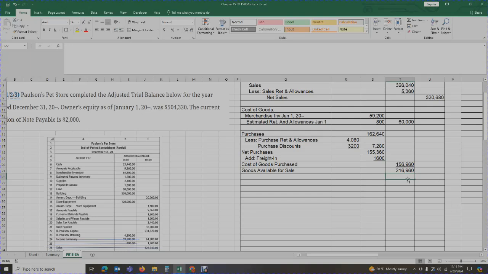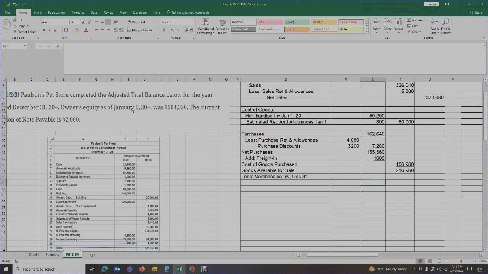But if we recall, we have some ending inventory, because if we look at our merchandise inventory, we didn't sell all of it. We still have some sitting there. So we're going to deduct our ending inventory. Our merchandise inventory at the end of the year, this is what we have not sold.